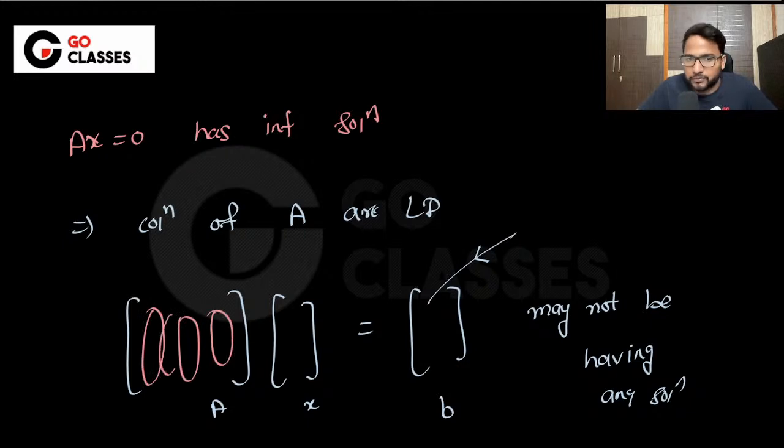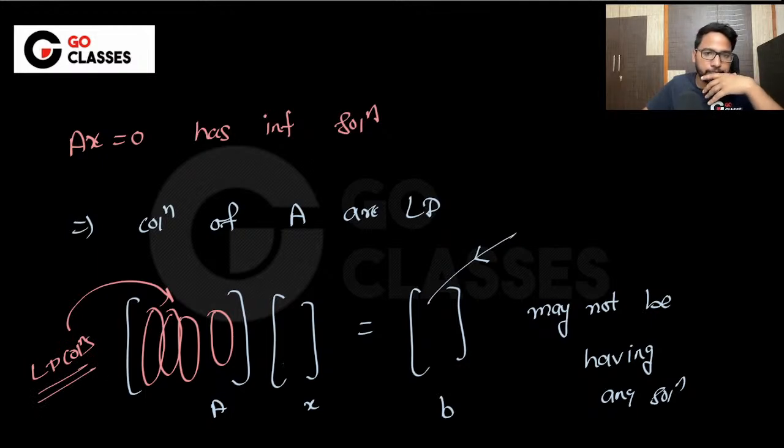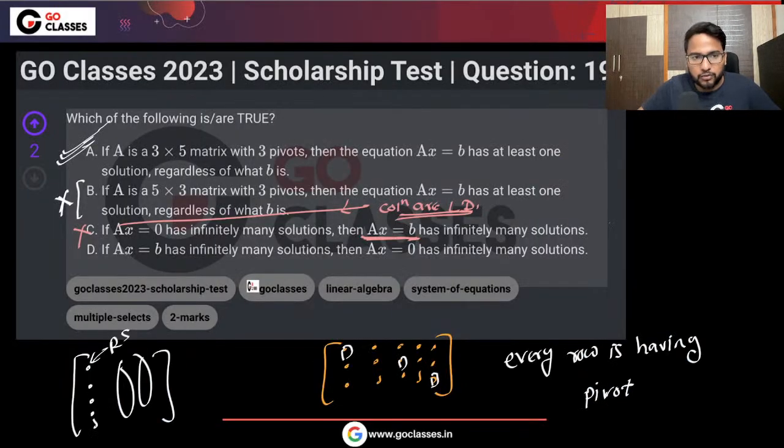They are linearly dependent columns, but they need not fill the space, so no solution is also possible. That's why this is wrong. I will make it correct in the answer key, don't worry.